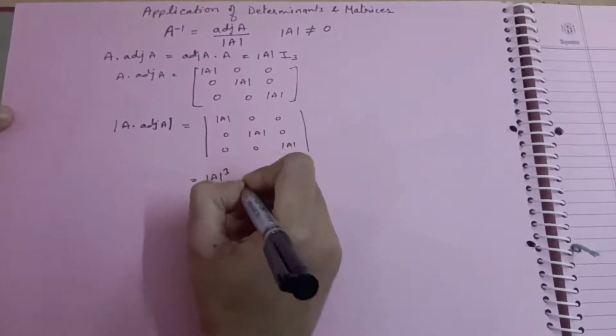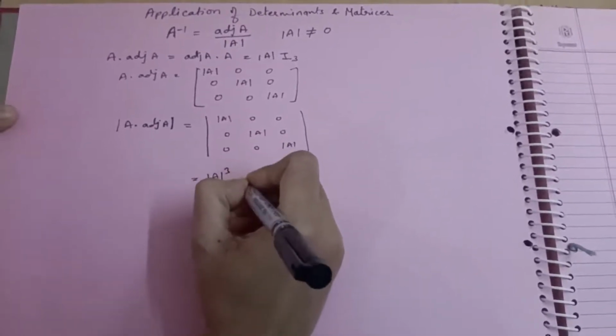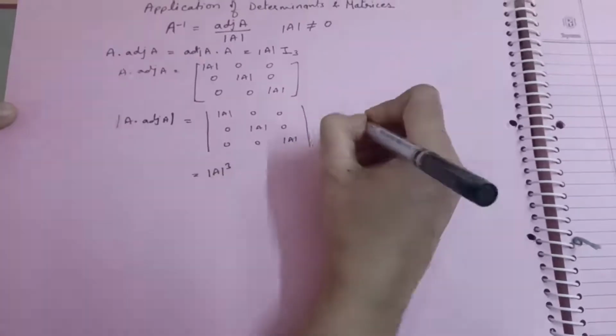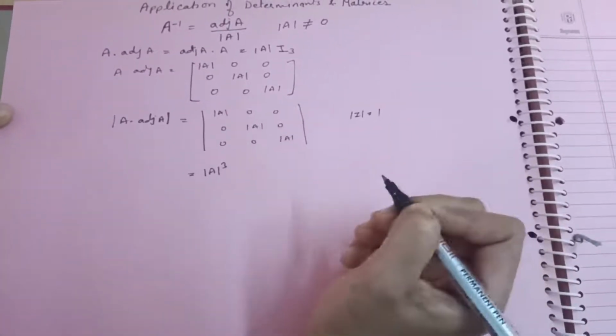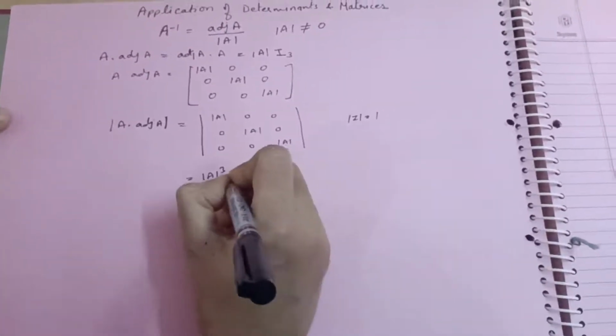And the determinant of I is always 1, you can calculate it.